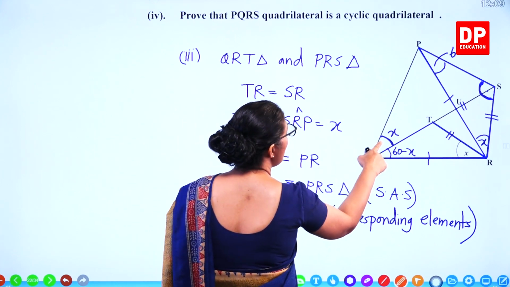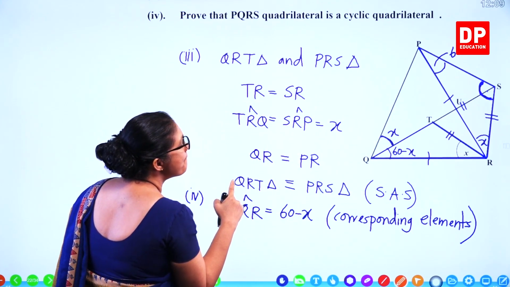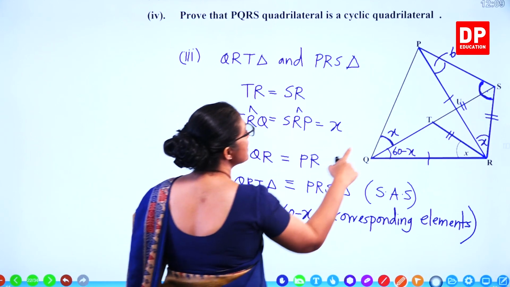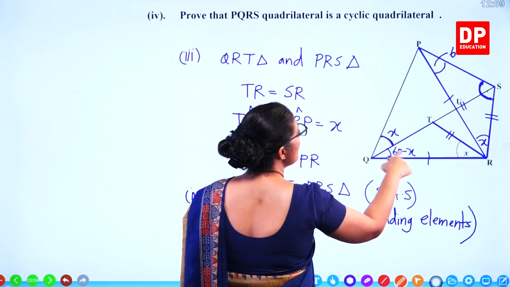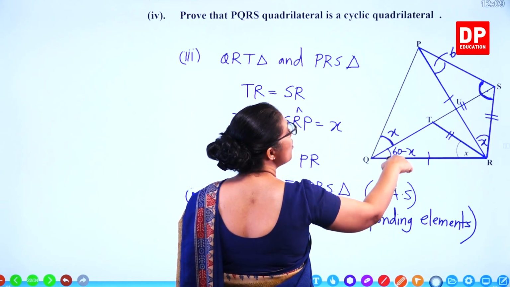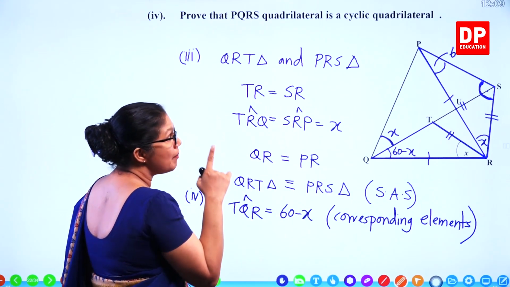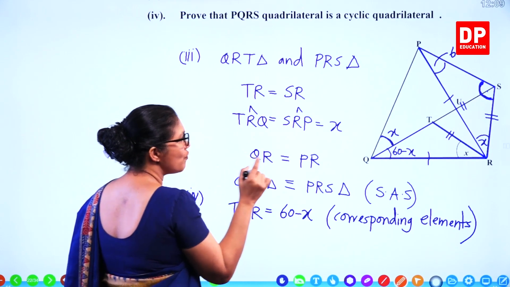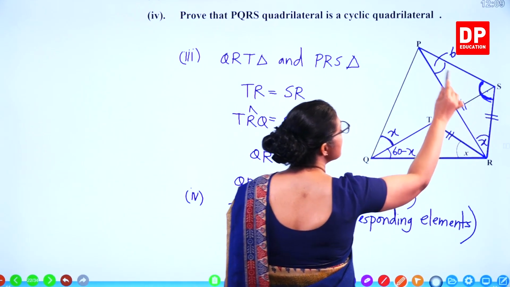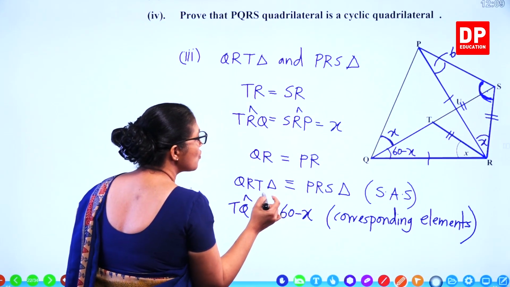And then you can find out PQR. That's the whole thing, which is 60. You don't need to even find out that angle. But the other angle, how do you find out this angle? Subtraction.